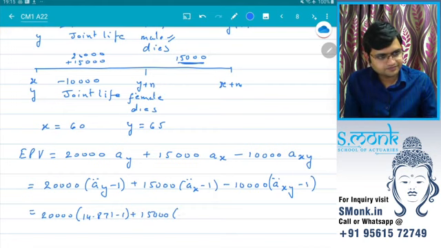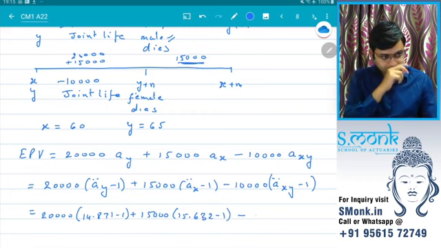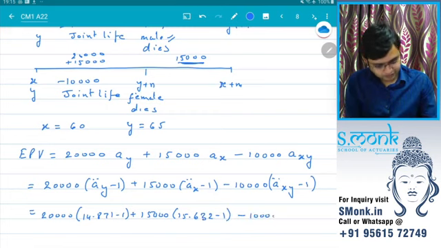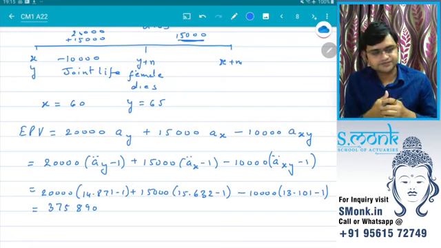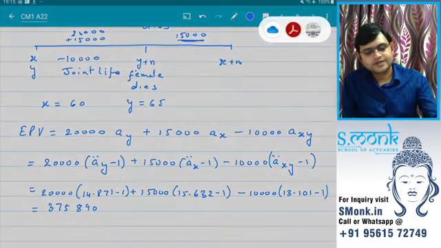For male, age 60, we'll have 15.632, and joint life, so finally we'll get 375,890. Okay, so this was our expected present value.